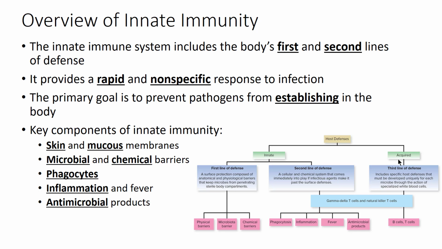And so when you go back to the idea that microbes have a difficult time of infecting the body, these are all just some of the early barriers that they have to get around. Got to get through the skin, get past the mucus, get around the natural biota, avoid chemical barriers, avoid being eaten, avoid the effects of inflammation, and avoid the effects of antimicrobial products.